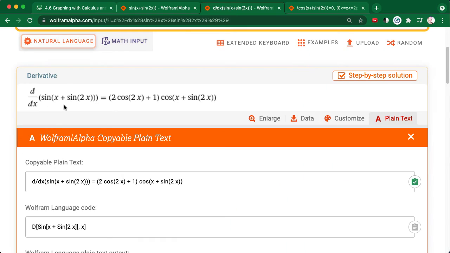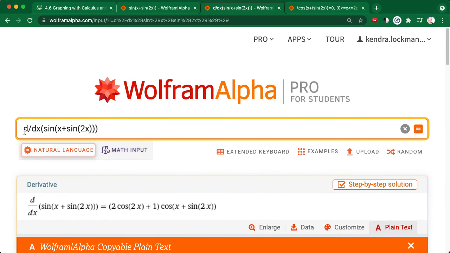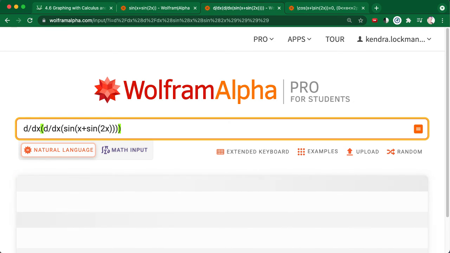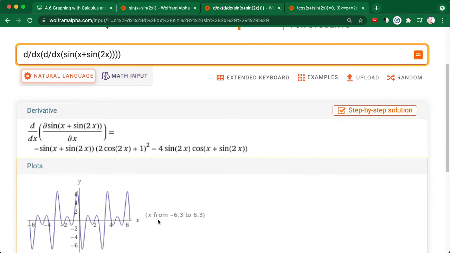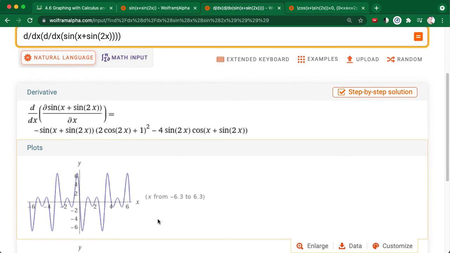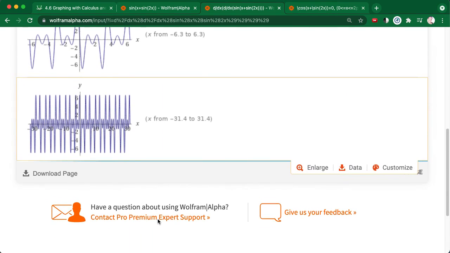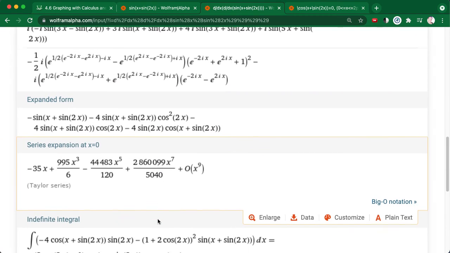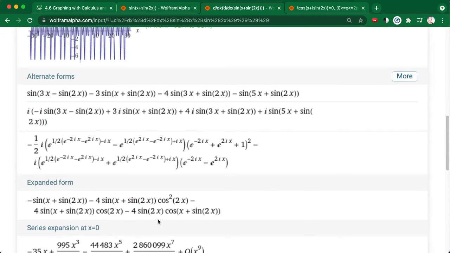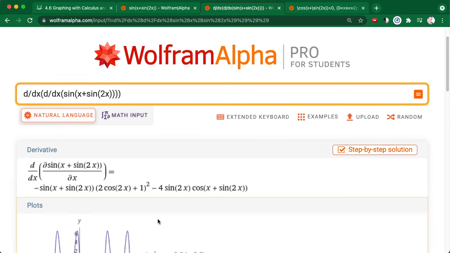Let's go back here and take the second derivative. I'm just going to do d over dx of d over dx of that. So the derivative of the derivative. Looks like kind of a mess. Alternate forms, expanded form. Okay, it doesn't give us any zeros.